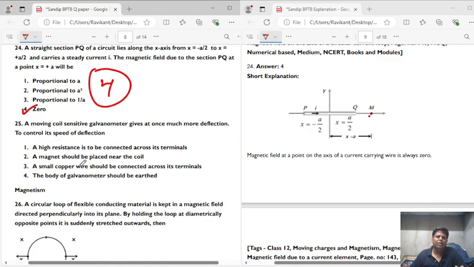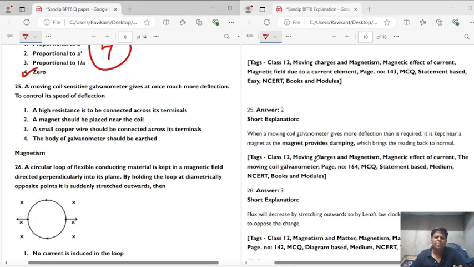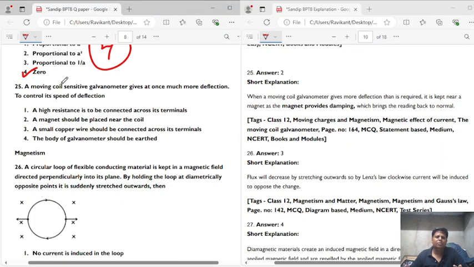Now let's get into question number 25. It says that a moving coil sensitive galvanometer gives at once much more deflection. To control its speed of deflection, a high resistance is to be connected across the terminal? No. A magnet should be placed near the coil?